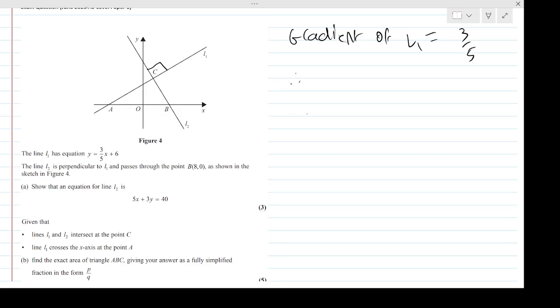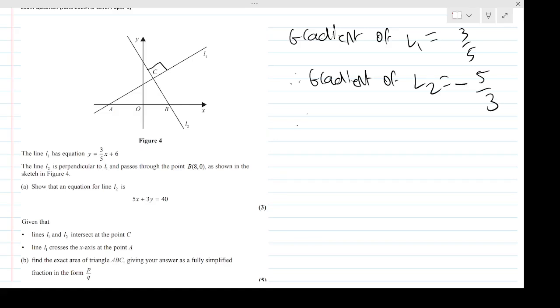Cool. That means, therefore, we know the gradient of L2, well, they're perpendicular, okay? So that means the gradient of L2 is going to be the negative reciprocal. So let's negate it and do the reciprocal. So flip the fraction to 5 over 3.